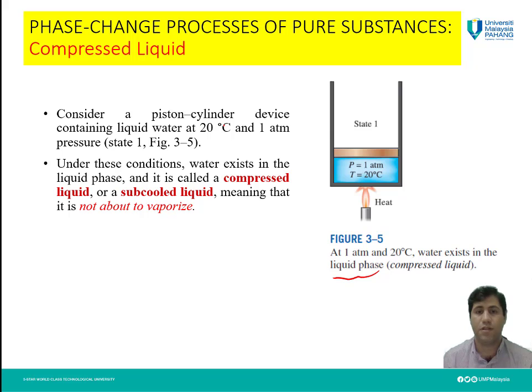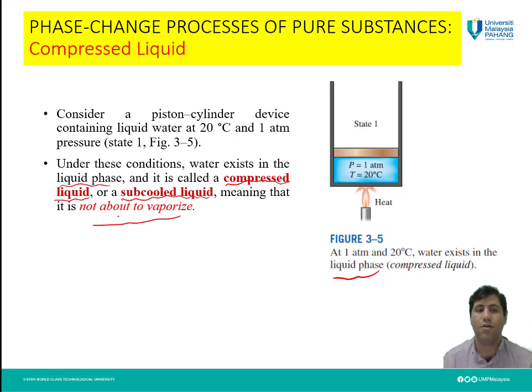So first consider a piston cylinder device containing liquid water at 20 degrees Celsius and 1 atmosphere pressure, like what we have here. Under this condition, water exists in liquid phase, and it is called compressed liquid. So in this condition, we call the water in the state of compressed liquid or a subcooled liquid, meaning that it is not about to vaporize.